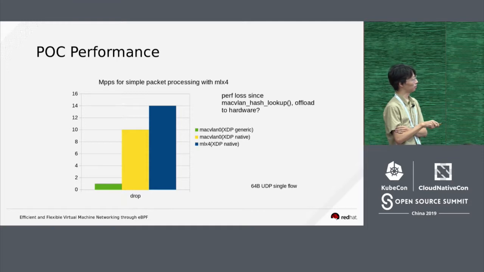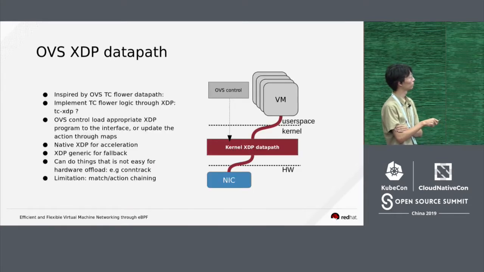And if we just do this, you can see this level of Mpps. And if we reach it higher, then we can see the 10. This is marked in yellow because the MAC-VLAN is on logic. We need to search for its MAC-VLAN address.